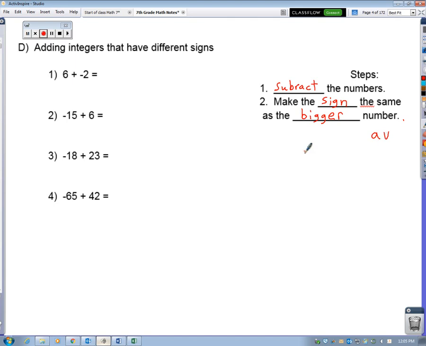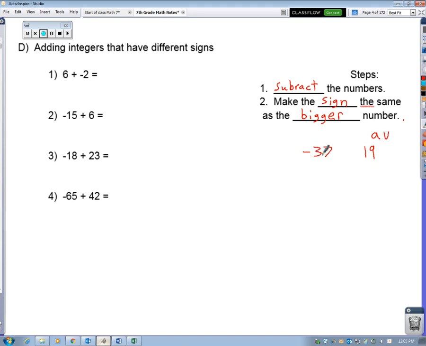Let's say we have negative 37 and we have positive 19. Now if we were looking at these numbers, 19 is obviously a much bigger number than negative 37. The value of 19 is much bigger. But I want to know the absolute value.